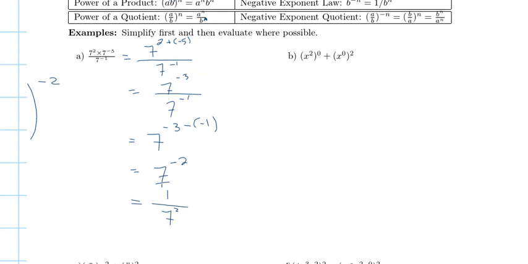So I have x squared to the power of 0 plus x to the power of 0 squared. How can I simplify it? So what do I have here? 2 times 0 is what? 0, right? I have power to the power. You understand that this looks exactly the same as the power to the power law.